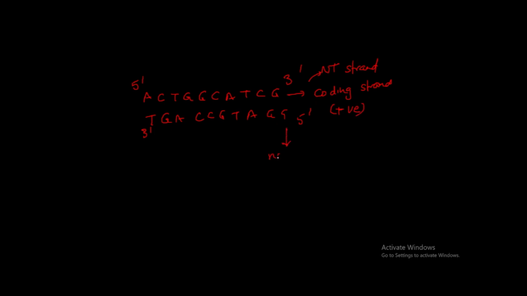And this is your non-coding strand, or you can say the template strand. We say this is the non-coding strand because RNA is going to be just the complement of this. But it works as a template for the RNA polymerase to make the RNA, and that is why it is known as the template strand. Just to clear your basics.